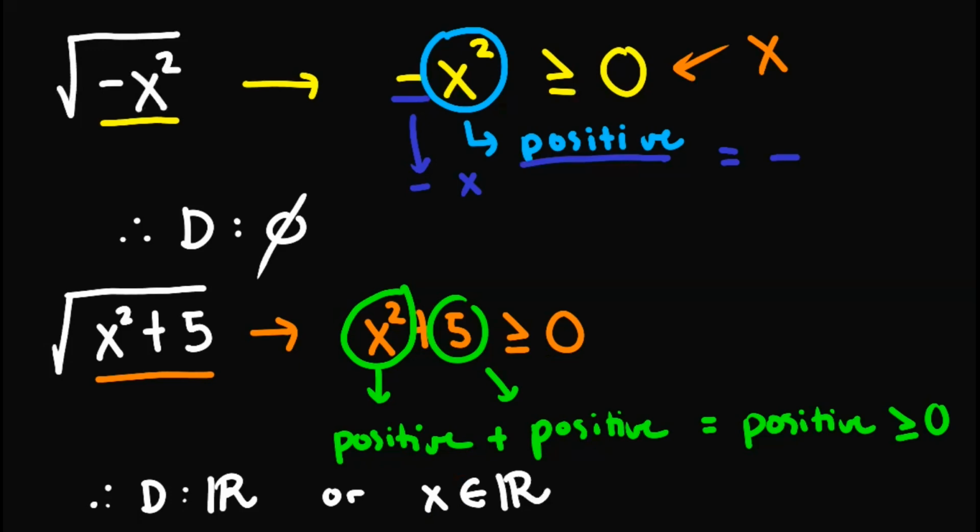We can try x equals 1, x equals negative 1, or other negative values, and so on. As long as it's real, the inequality x squared plus 5 greater than or equal to 0 will hold. So that is what this domain tells us.